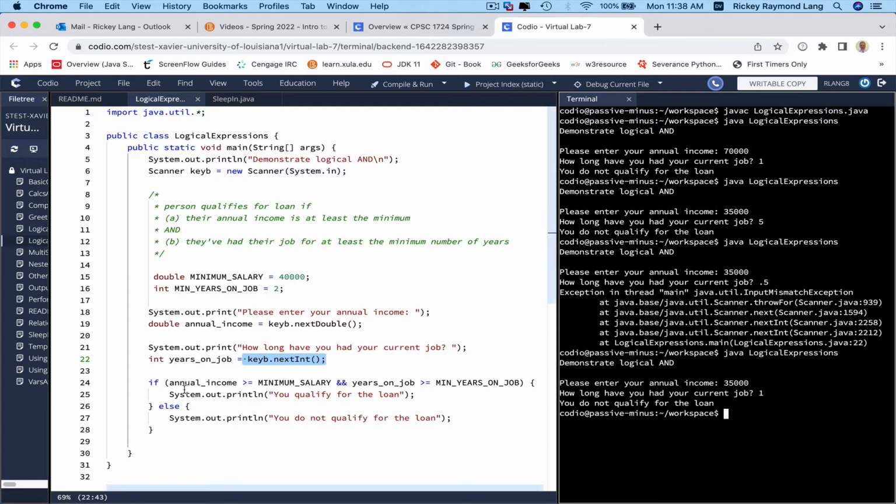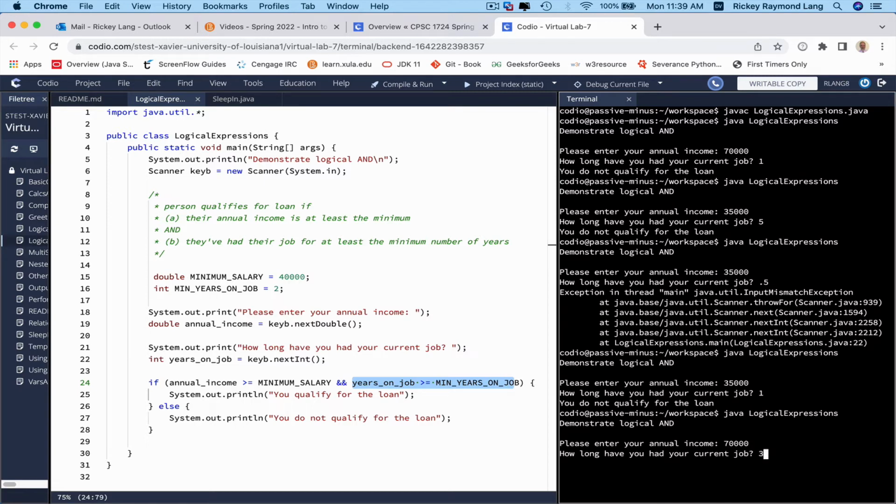In this case, both halves of the condition were false, and so the whole thing was false. In order for the true branch to execute, both conditions have to be true. So let's say my income is 70,000, and I've been there for 3 years. Finally, I qualify for the loan.